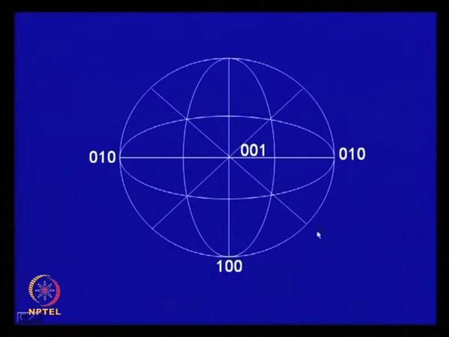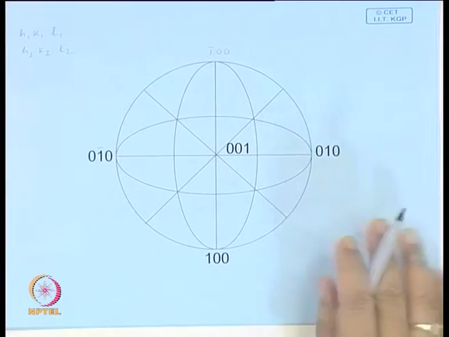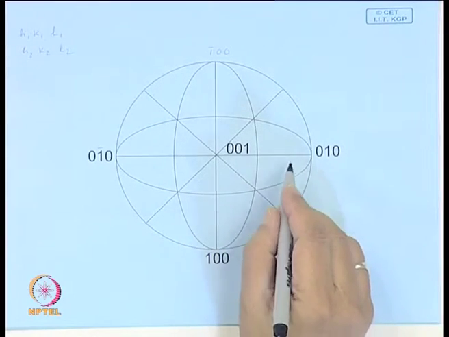The pole 1 0 0 will be located here and the pole 0 1 0 will be located here. It is best illustrated if we try to do this exercise on paper.